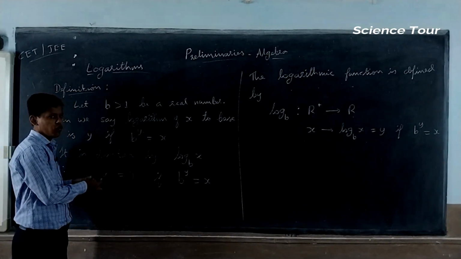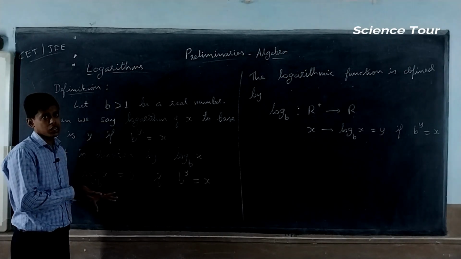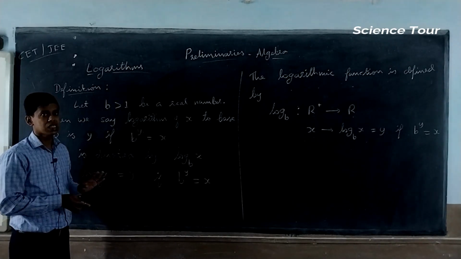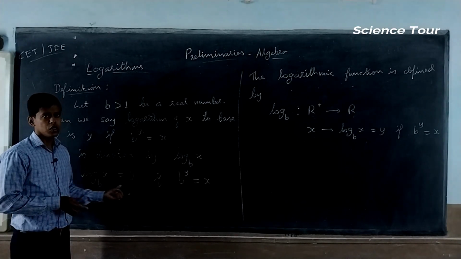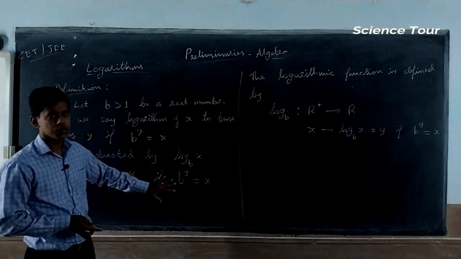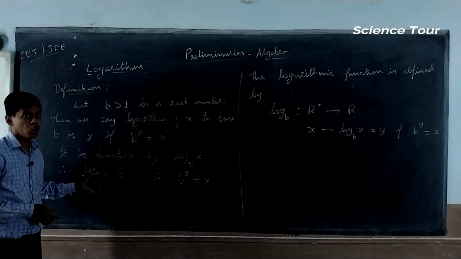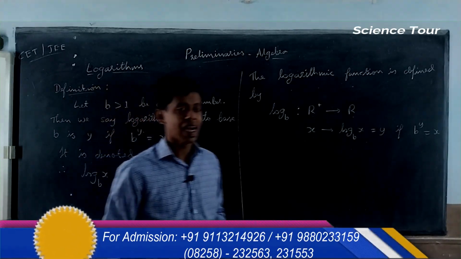So if you want to solve a problem on logarithm, you should be able to convert it to exponential and see which one is easier. Some problems on logarithm can be solved using the exponential concept, and some problems on exponential concepts can be solved by taking log. So they are always together, so keep that in mind.